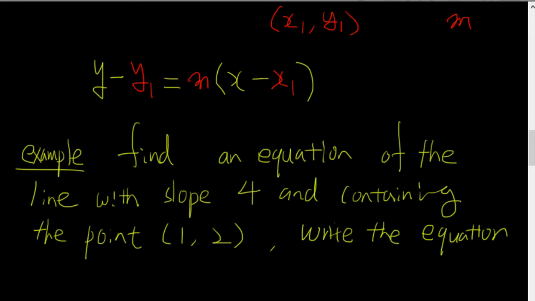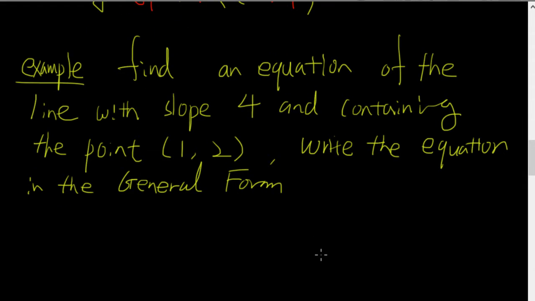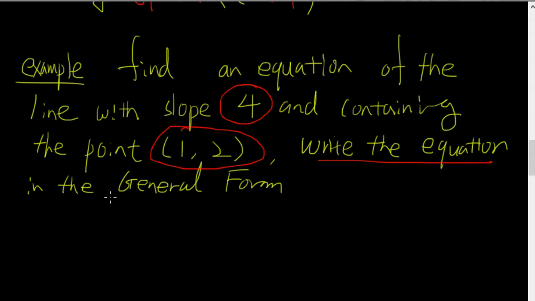Write the equation in the general form. Okay, so we need to find a line equation that has slope 4 and passes through this point, and we need to put our final answer in the general form.